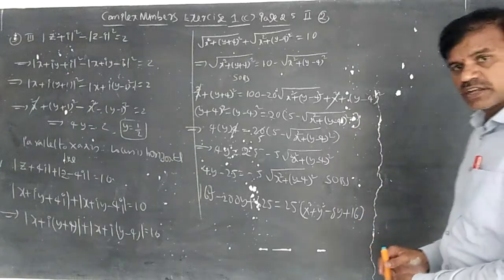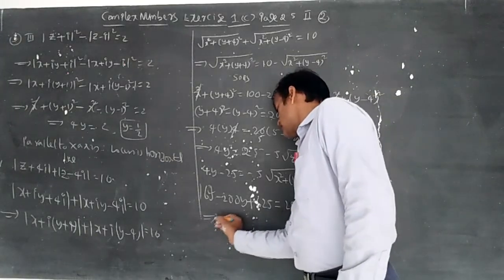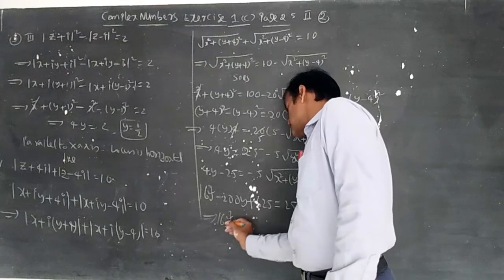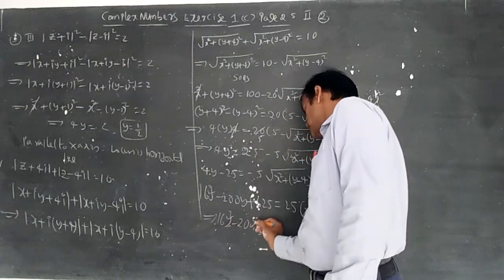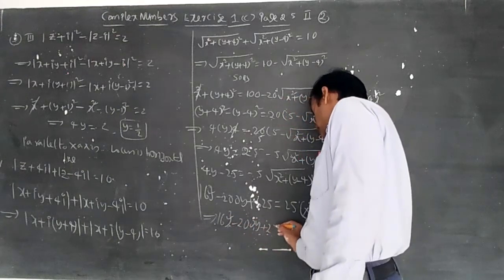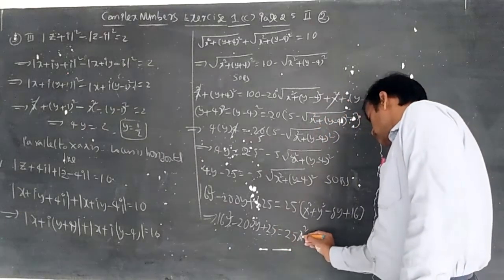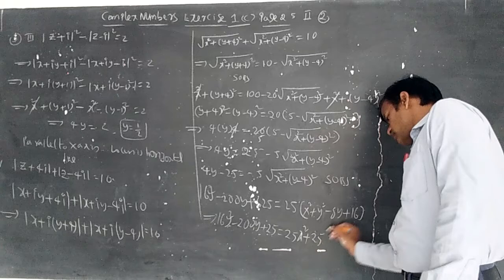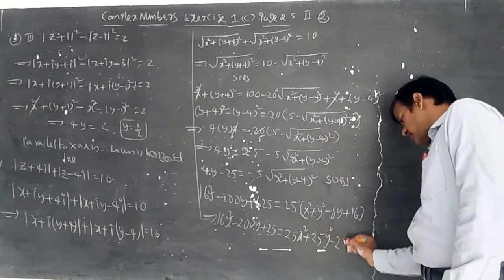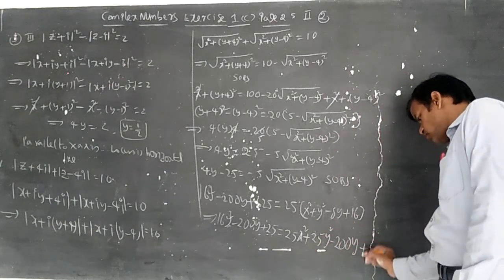By expanding, next step, 16y square minus 200y plus 625 is equal to, multiply with 25, 25x square plus 25y square minus 200y plus 400.